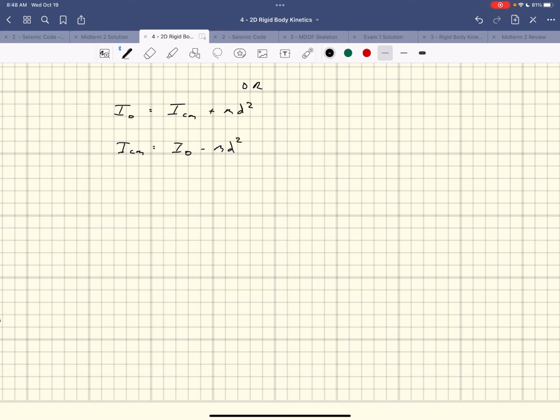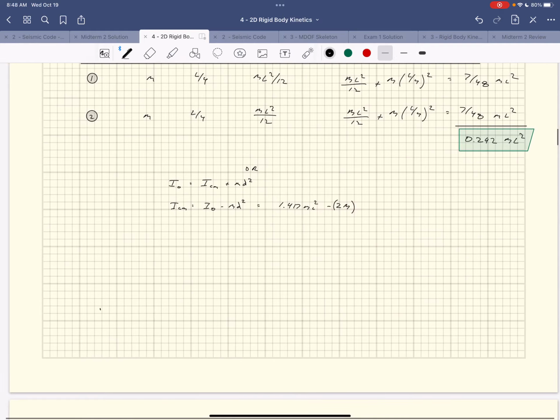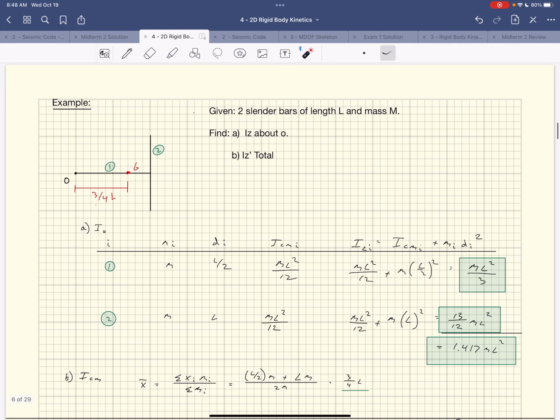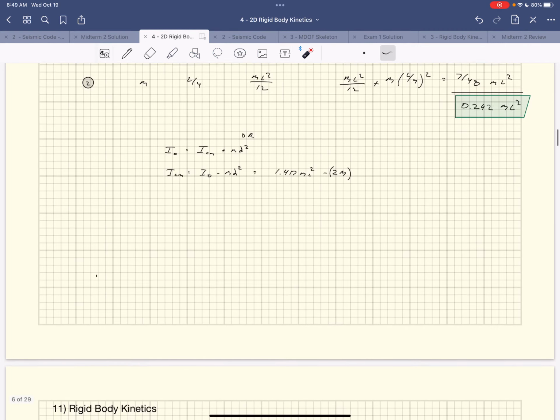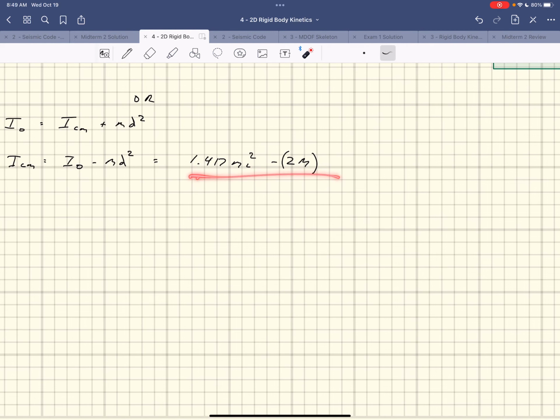I had already solved for what I_O was, and so this could be 1.417 ML squared minus the total mass, which here would be 2m. This is if I'm looking at the whole object, right? I know what the moment of inertia is about here. And so then I can figure what it is about its own center of mass using just the parallel axis theorem, which I'm doing right here.